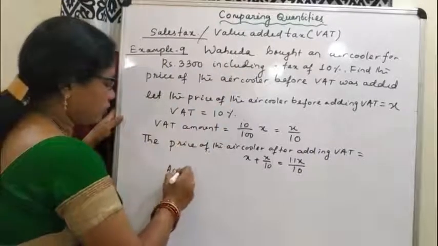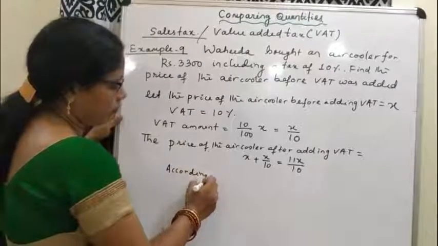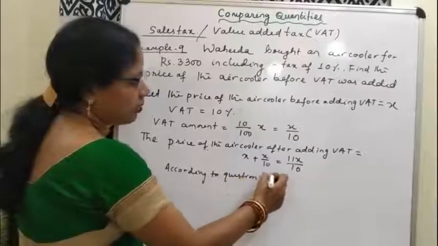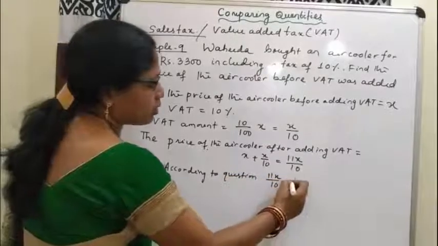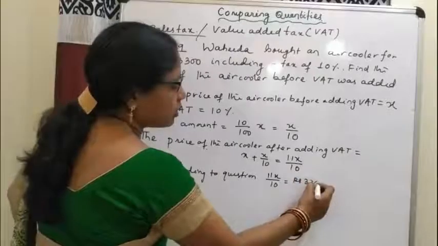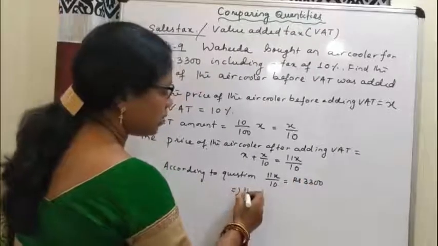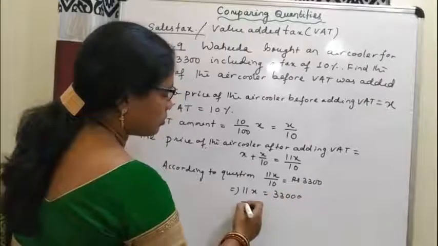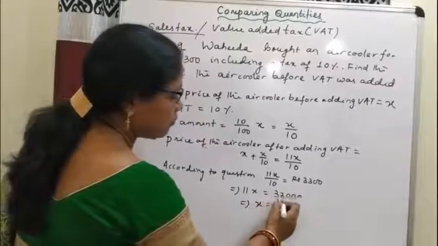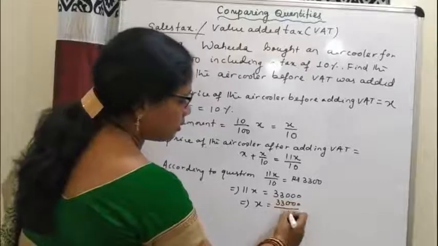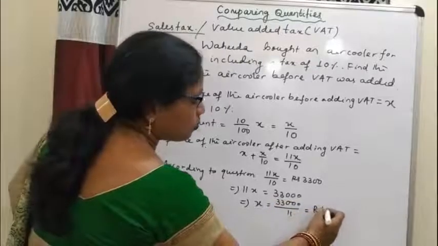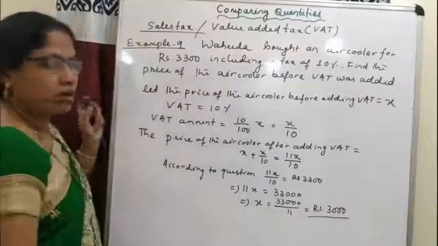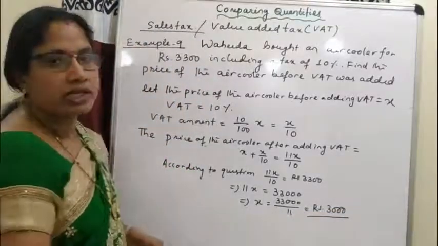So according to the question, 11x by 10 is equal to rupees 3300. So this implies 11x is equal to 33000, so x is equal to 33000 by 11. So this is equal to rupees 3000. So this is the price of the air cooler before VAT was added.